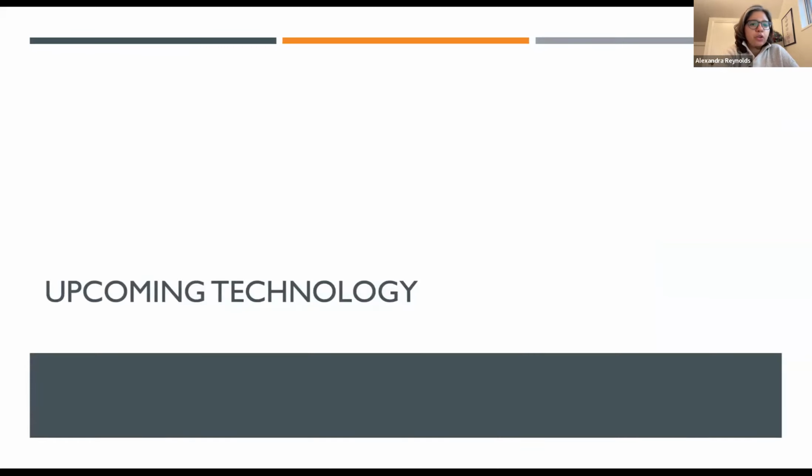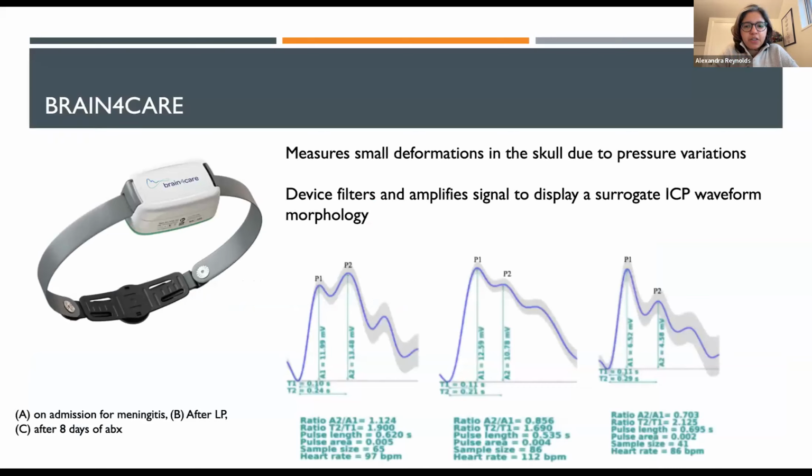And then I quickly wanted to talk about two really cool technologies that are upcoming. There are definitely many companies that are trying to figure this sort of stuff out. This is something that has already come out. It's called Brain4Care. And what it is, apparently there are very micro deformations in the skull due to pressure variations.